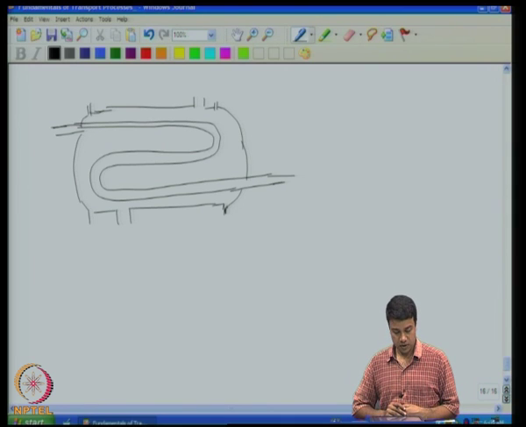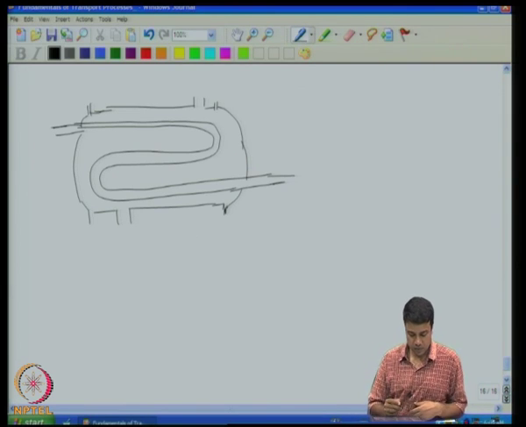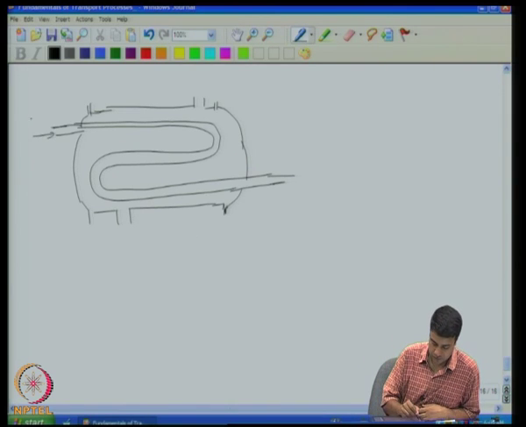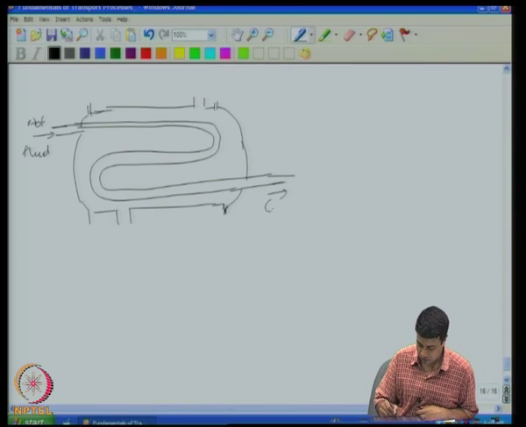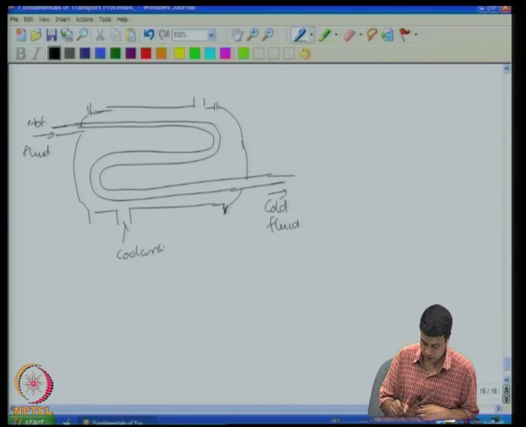One is to just find out what is the heat transfer rate, heat transferred per unit time from the shell side to the tube side of this heat exchanger. There is hot fluid coming in and there is cold fluid going out. And this is the tube side coolant coming in and going out.